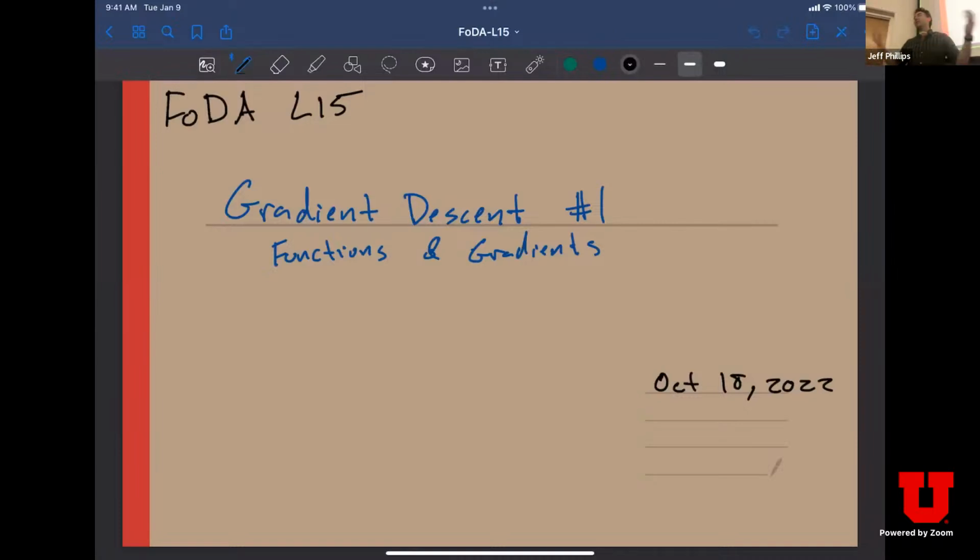So we're going to spend 3 lectures on it, because it's pretty important. This first lecture is going to be more about the definitions. The punchline will come in the next lecture, and then we're going to put everything together in the third lecture.